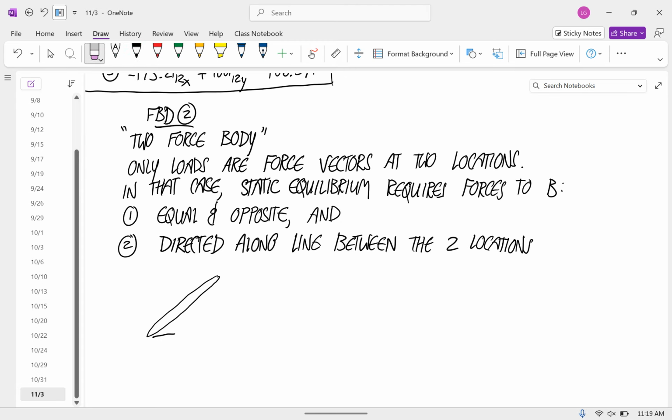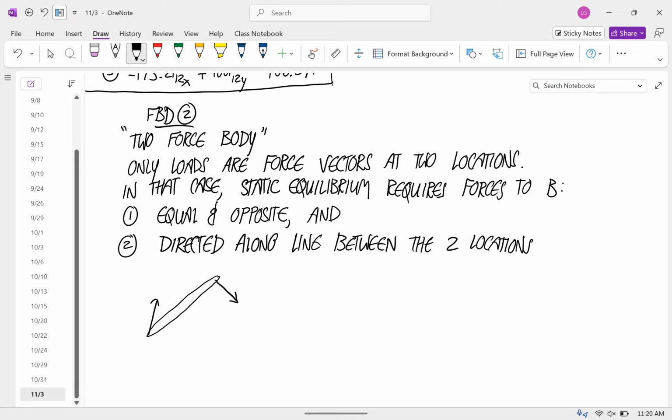Instead of doing it like that, let's first think about what if these two forces, one was that way and one was this way, okay? Is there any way that that thing could be in static equilibrium if those were the only two forces acting? No, it would spin, and depending on the magnitudes of those things, it might also be accelerating, okay?